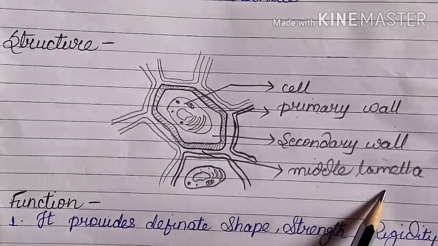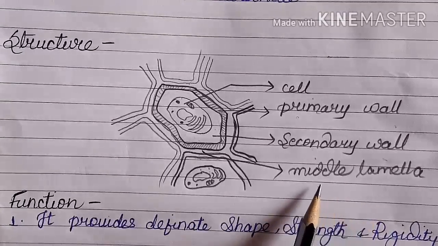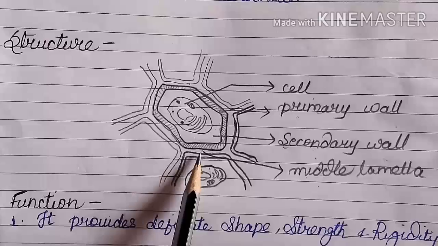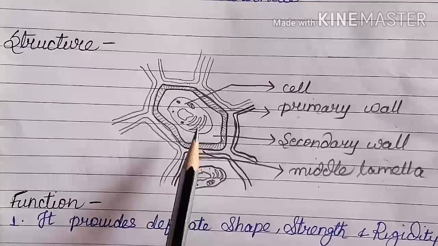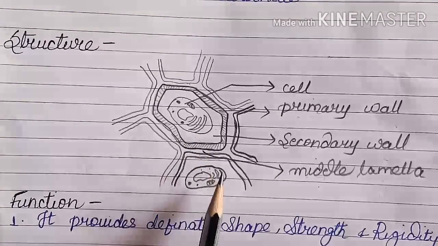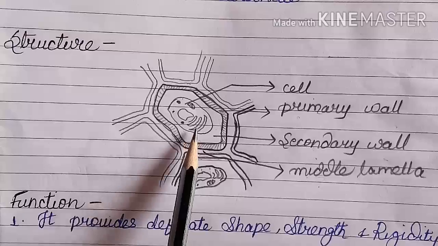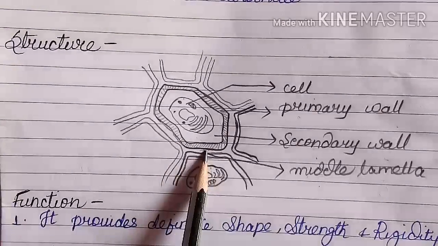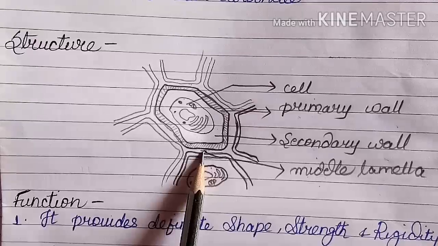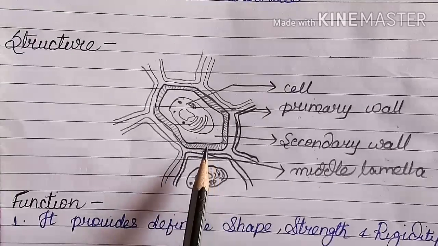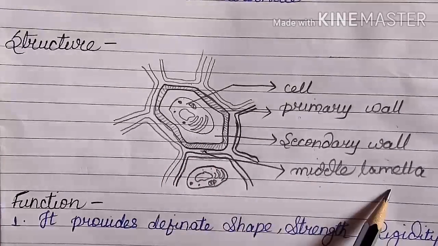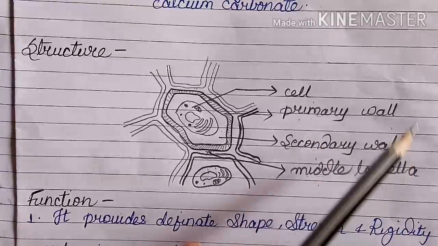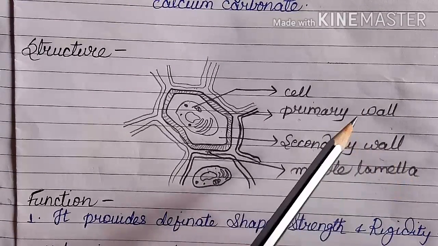Middle lamella, as the name suggests, is the middle layer which connects two cells. Like this is one cell and this is a second cell, and it acts as a glue between two cells and is known as middle lamella. So these three walls constitute a cell wall.